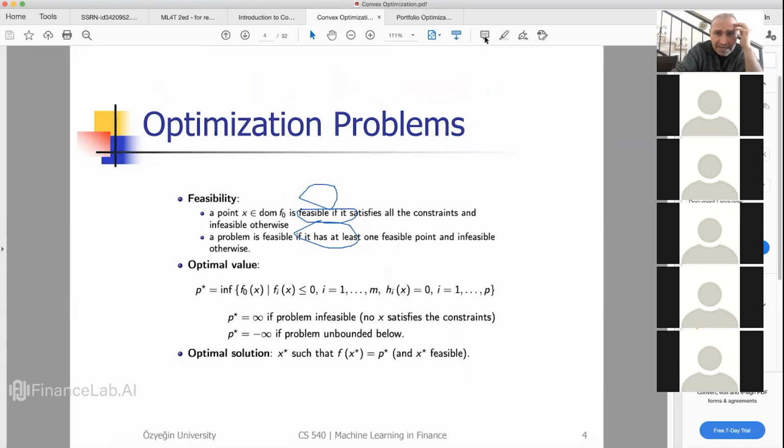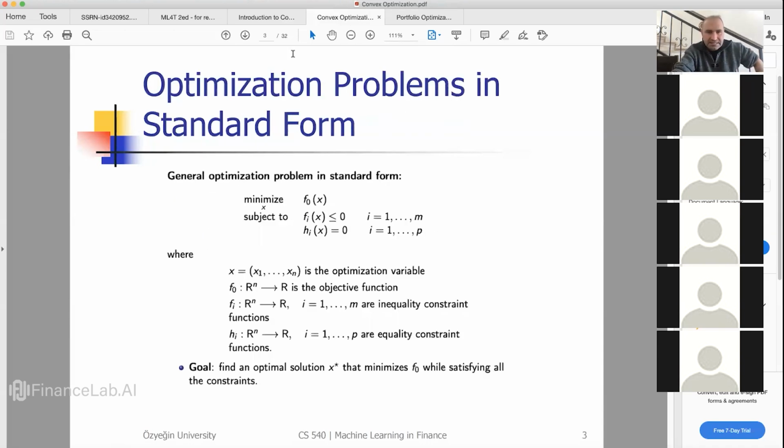And in this case, we have different definitions as well. We have feasibility. So for instance, a point in the domain of f0, the domain of the objective function, is feasible if it satisfies all the constraints. For f0(x), we can give x any value we want and get some f0 value. However, the constraints are not guaranteed to be satisfied for fi and hi.